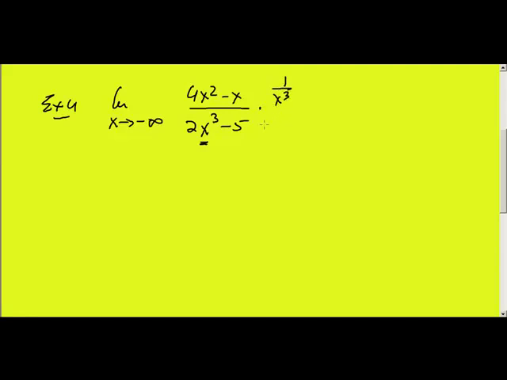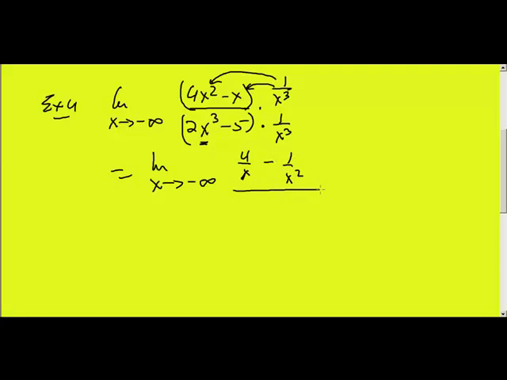When I do that, this simplifies to the limit as x goes to negative infinity. The first term times 1 over x cubed gives me 4 over x, and the second term gives me negative 1 over x squared. In the bottom, I get 2 minus 5 over x to the third.